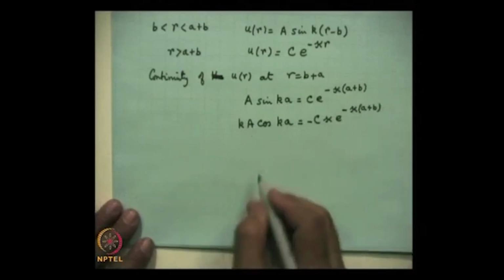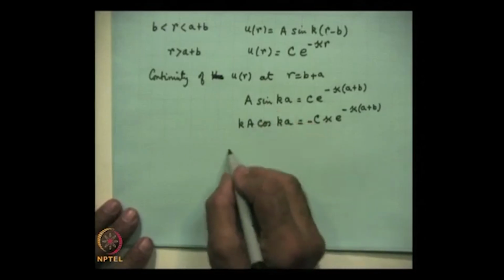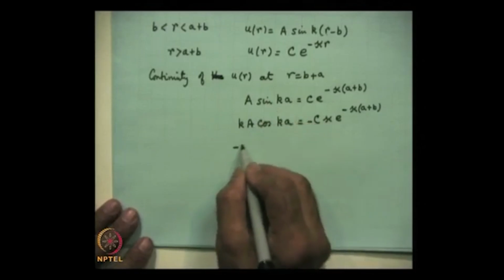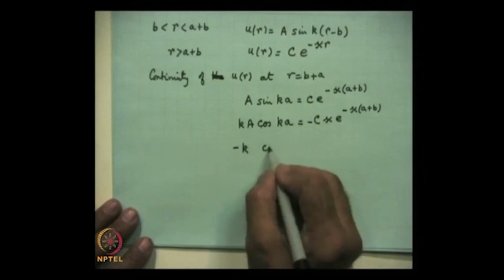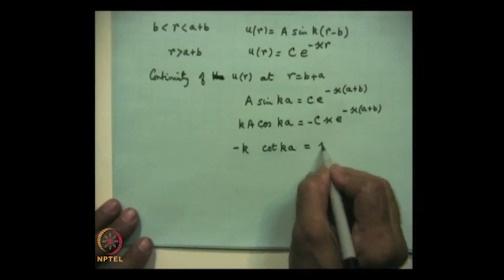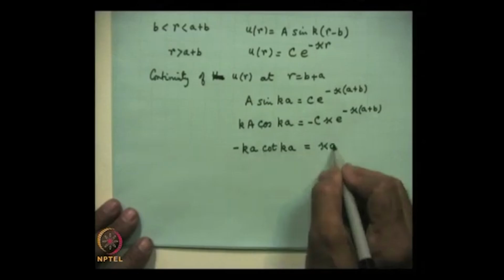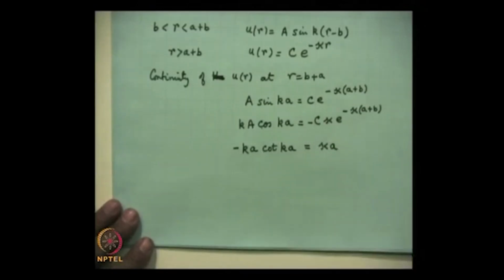If I divide this equation by this equation, I will get minus k cot k a is equal to kappa. If I multiply both sides by a, I will get something like this.